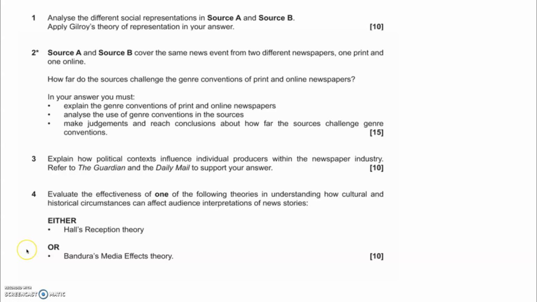In this I'm going to be asking you to read through your answer and have a look at what you put down. So let's first take question 1. It says, analyse the different social representations in source A and source B. Apply Gilroy's theory of representation in your answer.